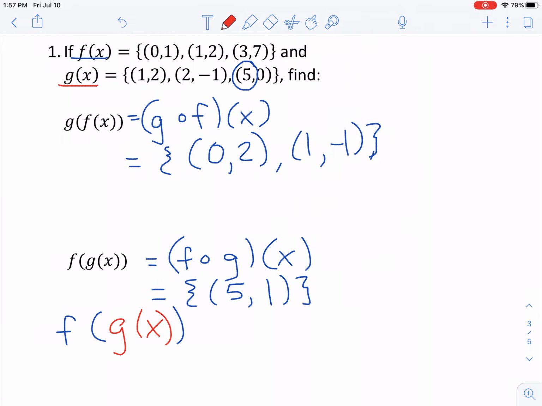Now let's see what happens if we plug in something that doesn't work. So if we plug in 1 into our first function, so if 1 goes in, we know it goes through g, and it spits out, I believe it was a 2. And it tries to put it into the next function f, but the problem is that our function f actually doesn't accept 2's because we don't have any inputs of 2.